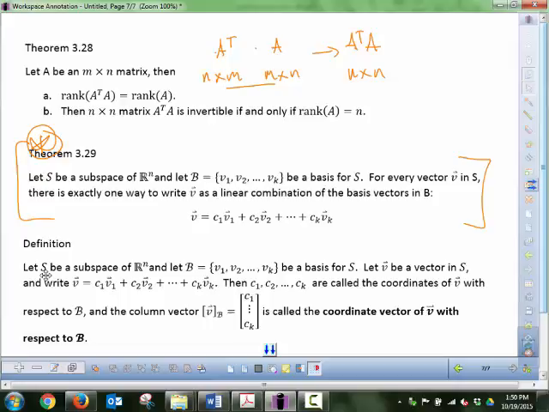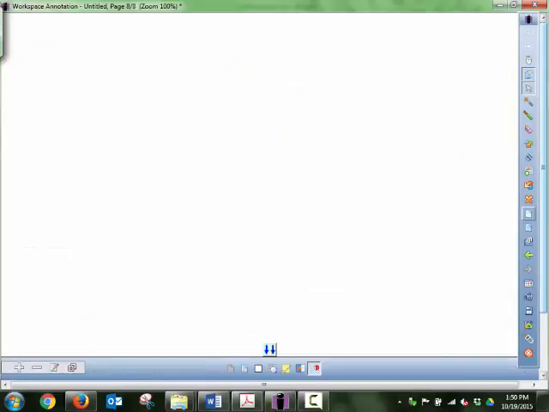But it turns out they're able to put it in a nice theorem-definition form. Let me show you an example by talking about two bases for R2, because it's easy to visualize and you know everything about R2.